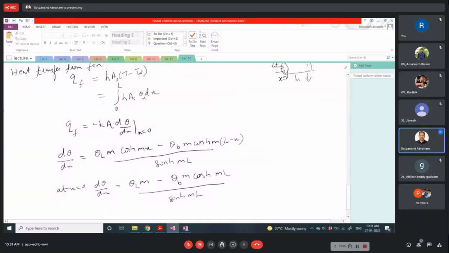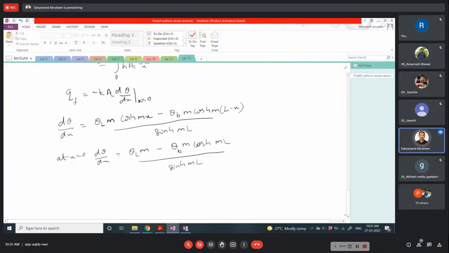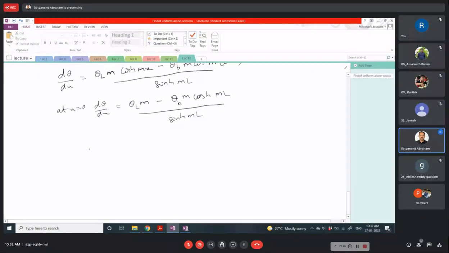So now you have to find q, which is equal to minus kA cross-section dθ/dx at x equal to 0. That gives us θ_B into kA into m.